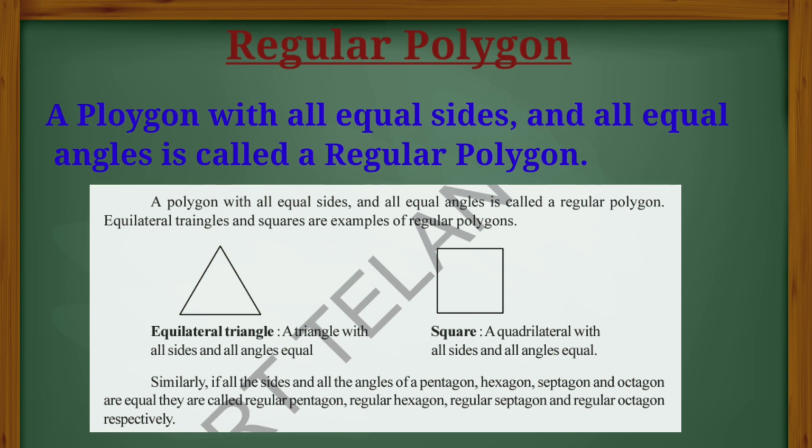Similarly, if all the sides and all the angles of a pentagon, hexagon, septagon and octagon are equal, they are called regular pentagon, regular hexagon, regular septagon and regular octagon respectively. Understood children? Okay.